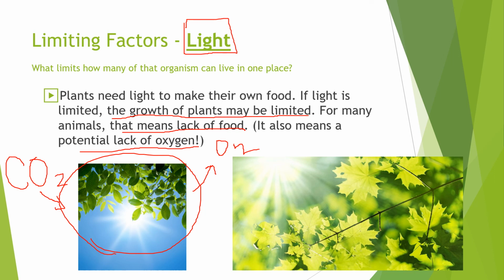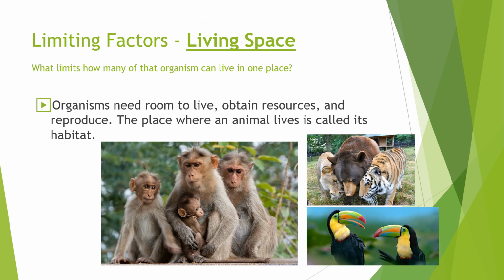But the bigger issue, what would become a problem faster, is animals that are herbivores, such as the panda bear mentioned in the slide before, will not have enough food to survive. So they're going to die off, and then obviously the whole food chain is affected when animals begin to die. So a lack of light leads to a lack of plant growth, which leads to a lack of food for some species of animals.